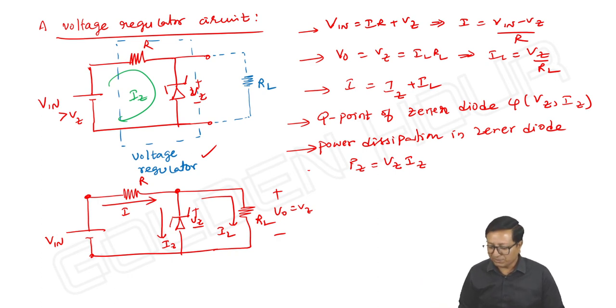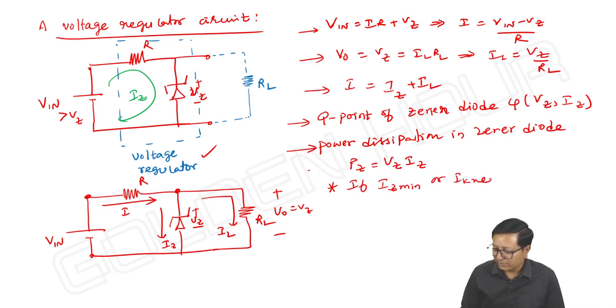One more point I would like to mention here. If in a problem IZ minimum is not given, then assume IZ minimum is equal to 0. If IZ minimum or the knee current is not mentioned, assume that the knee current is equal to 0.